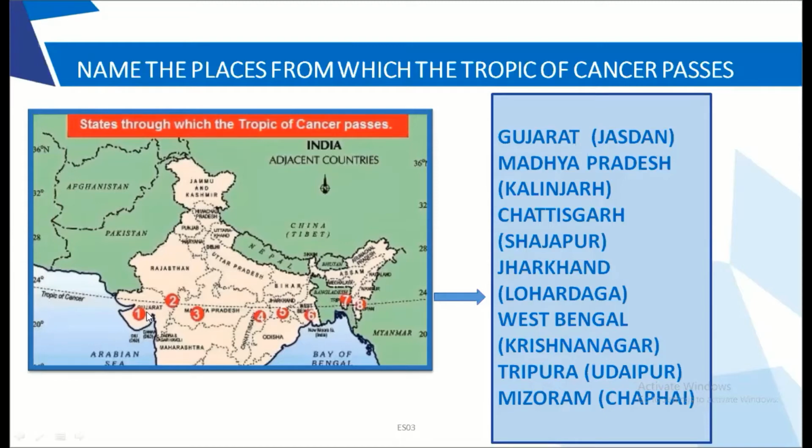Again I repeat, Gujarat, Madhya Pradesh, Chhattisgarh, Jharkhand, West Bengal, Tripura and Mizoram are the places through which the Tropic of Cancer passes.